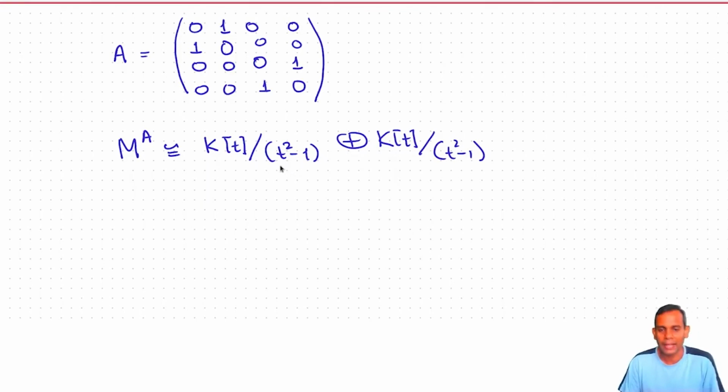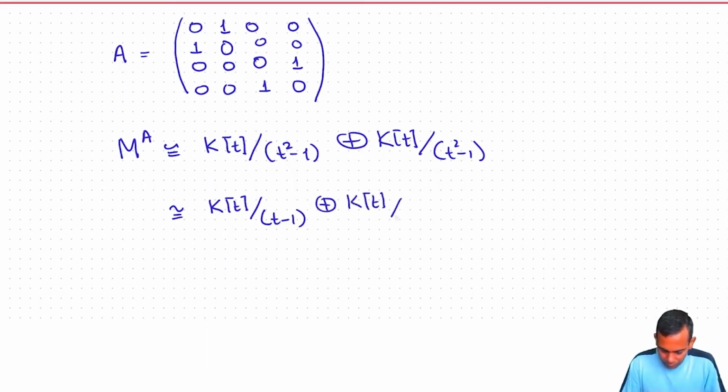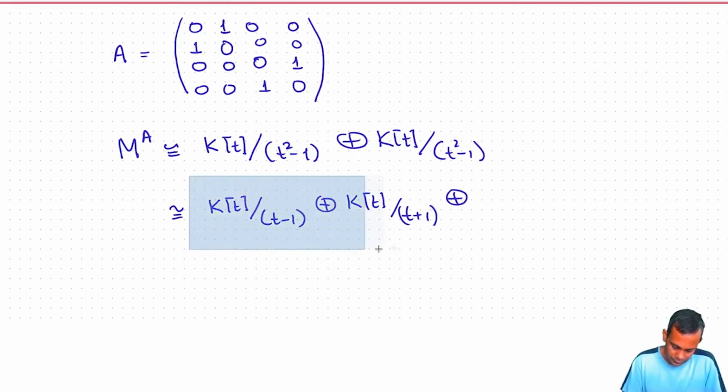If we're working over an algebraically closed field, those will always be linear. So what we get is kt mod t squared minus 1 is t minus 1 into t plus 1, and so by the Chinese remainder theorem, this will be kt mod t minus 1 plus kt mod t plus 1, and then we will have another copy of this same thing.